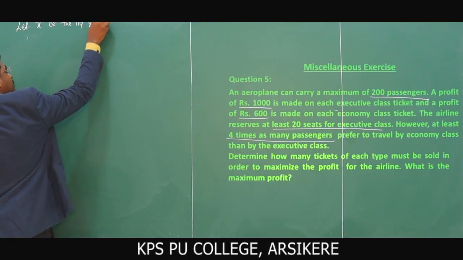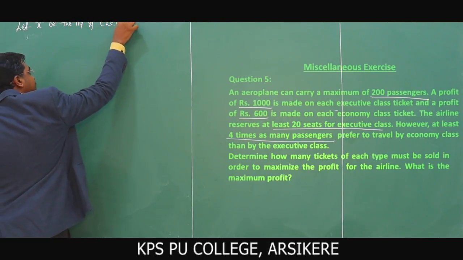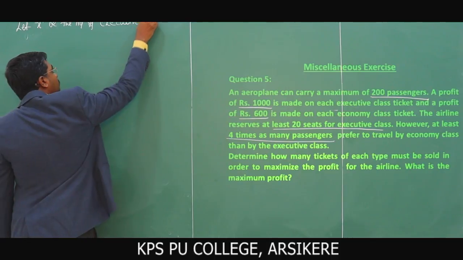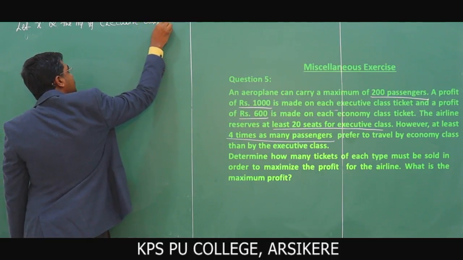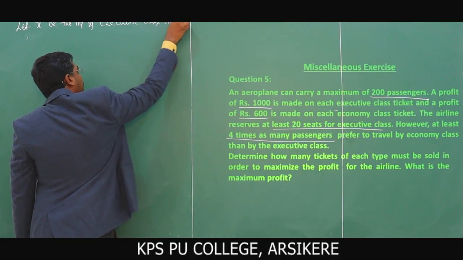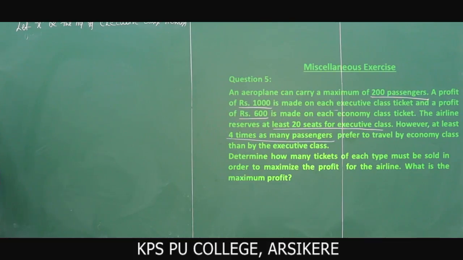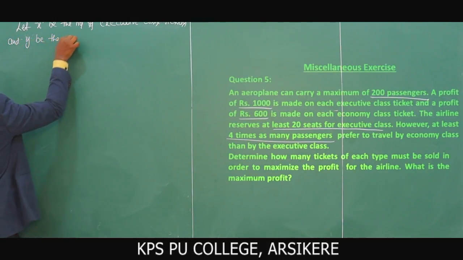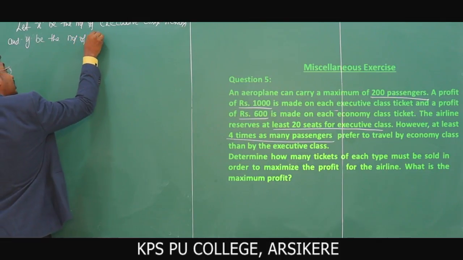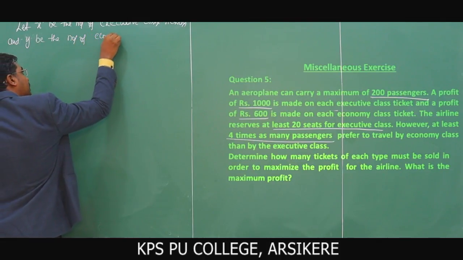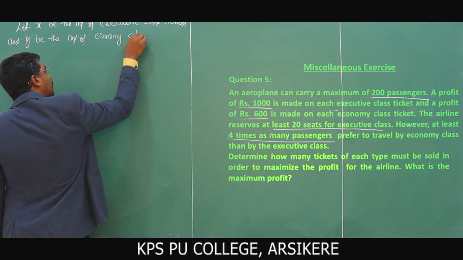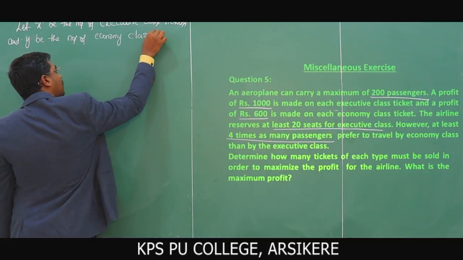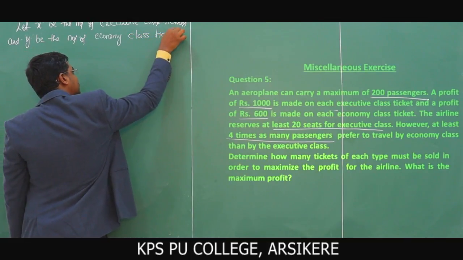Let x be the number of executive class tickets and y be the number of economy class tickets, right?